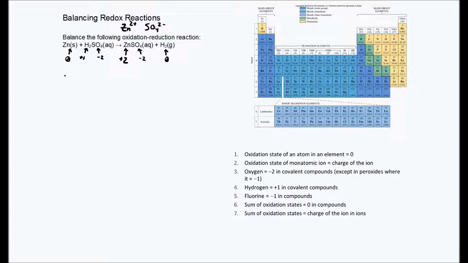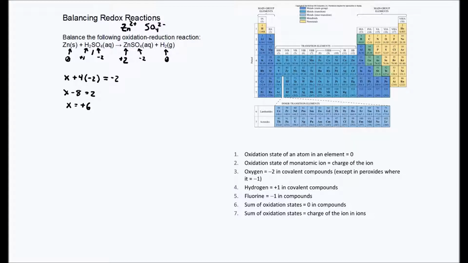So over here, 1 sulfur, X. I've got 4 oxygens, 4 times -2. Now, what's the total charge? This is sulfate, and sulfate's total charge is -2. So I have X minus 8 equals -2. X is +6.